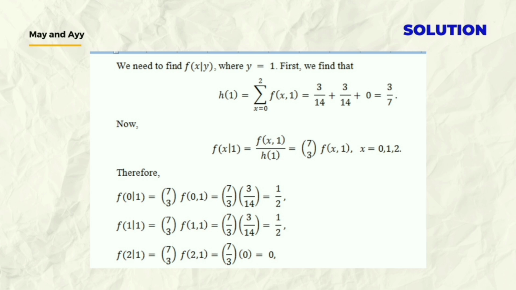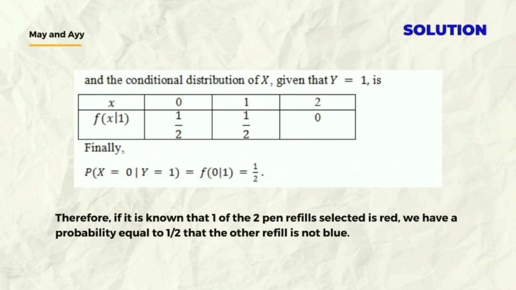The general formula is a combination of 7 and 3 f(x, 1) for x equals 0, 1, and 2. For f(0 given 1), we calculate and find the result is a half. For f(1 given 1), the result is a half. For f(2 given 1), the result is 0. So the conditional distribution of x given that y equal 1 is like in this table.